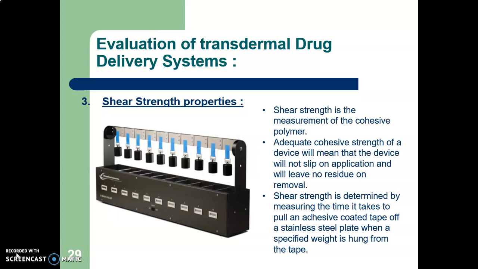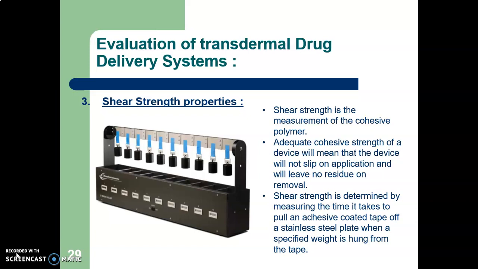That is important for transdermal patches, because they are applied on the skin surface, and as you know, when we remove a transdermal patch or bandage type of dosage form, it can leave a residue on the skin. So this shear strength property is very important to measure, so that no residue remains on the skin and it does not slip during application.